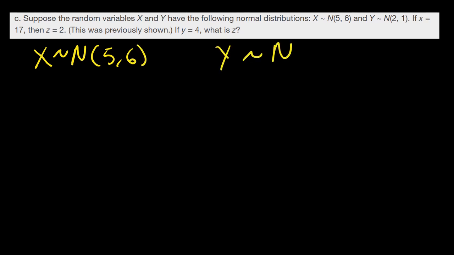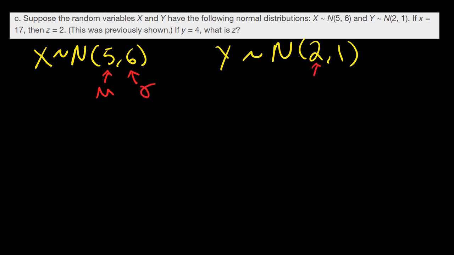Suppose the random variables x and y have the following normal distributions. I'll write it down here: X is normally distributed with 5 and 6, and y is normally distributed with 2 and 1. Remember, the first number is always the mean, the second number is the standard deviation.